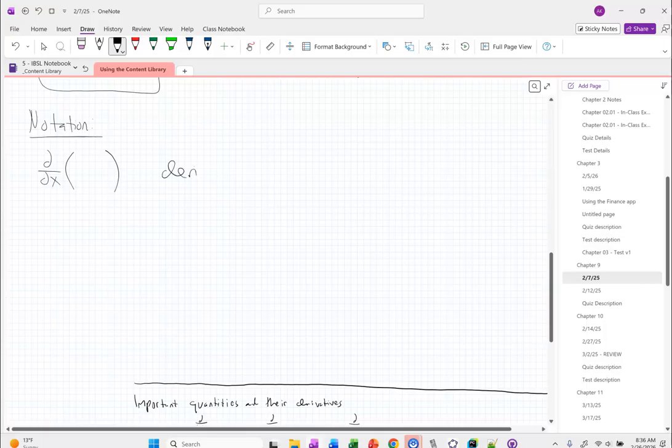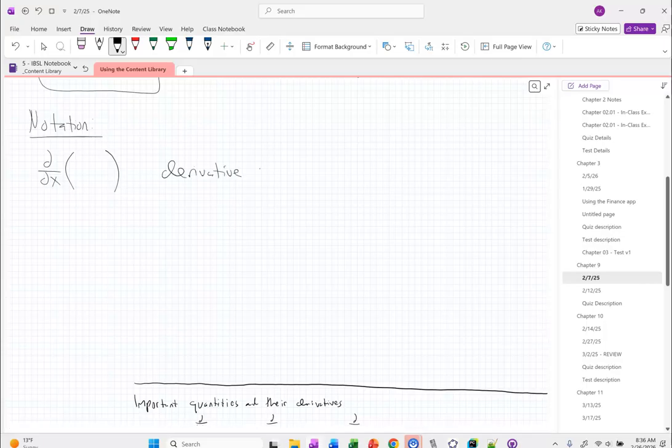So this is the derivative operation. If I say dy dx, that means that we did the derivative of y.